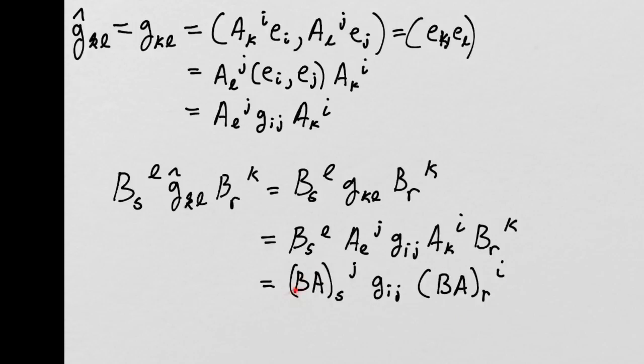But you know by assumption that B is the inverse of A. So you know that this here is the identity matrix, and this is the identity matrix.